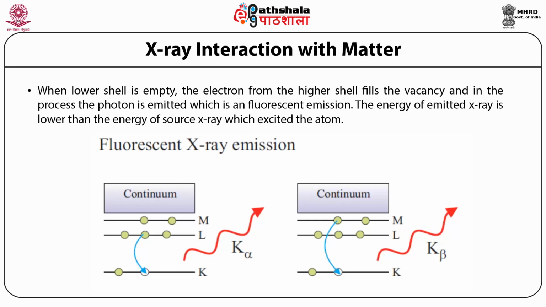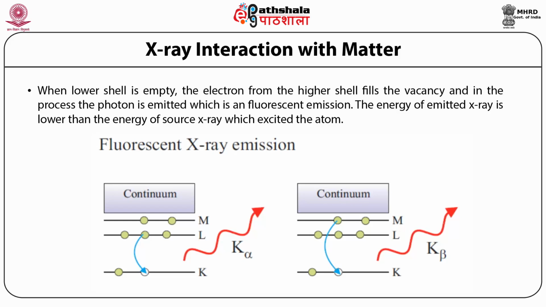So when a lower energy level is empty, an electron from some higher energy level will jump to the lower level, so that the atom which was excited now becomes de-excited. In this process, when the atom de-excites and obtains its ground state, a photon with energy equal to the difference between the L and K shells will be ejected.